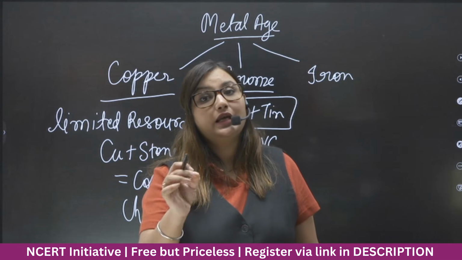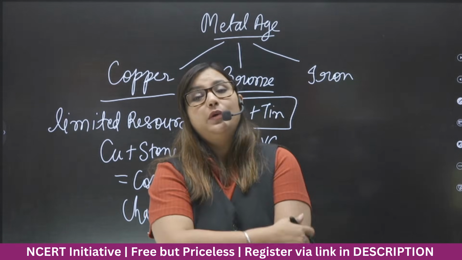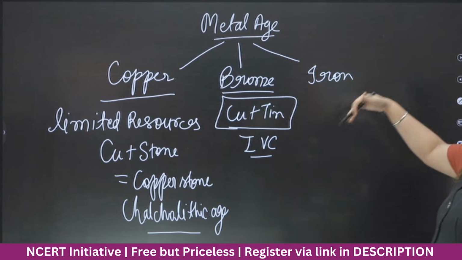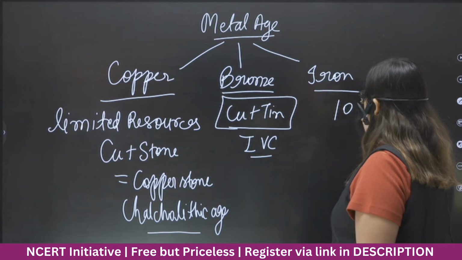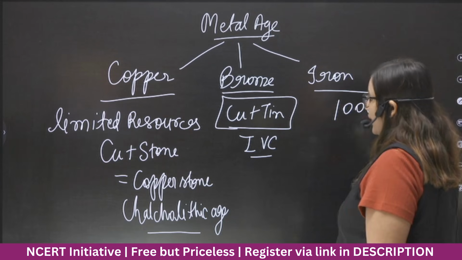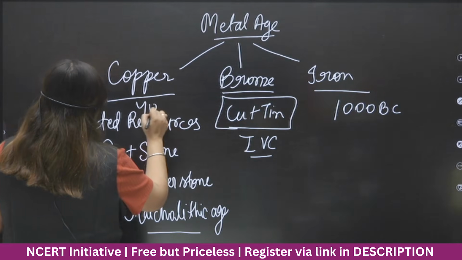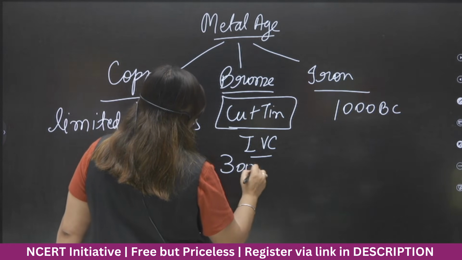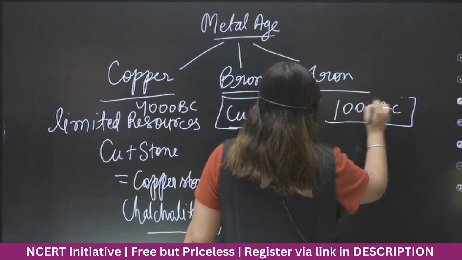This question came in the exam, that the Indus Valley civilization knew about which metal. So just understand that iron was discovered after the Indus Valley. Okay, it was discovered in 1000 BC. So copper came in 4000 BC, bronze came in 3000 BC, and iron came in 1000 BC.